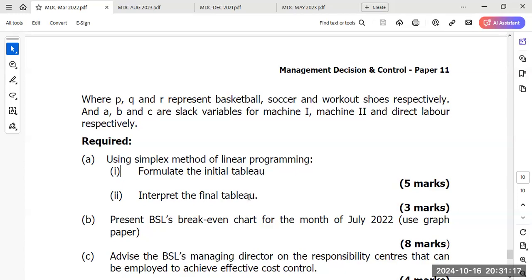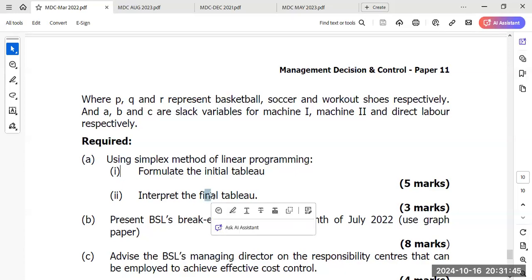Here we are not going to solve, we are just formulating and interpreting. Going forward, you may find a question that requires you to solve. And when you're solving using Simplex method, we start with initial tableau, working towards getting final tableau.